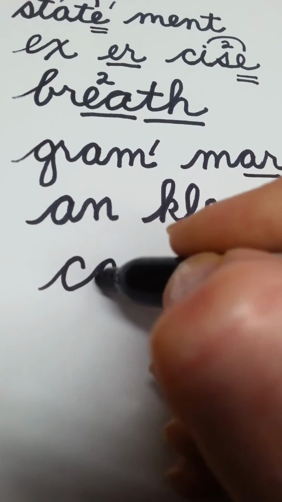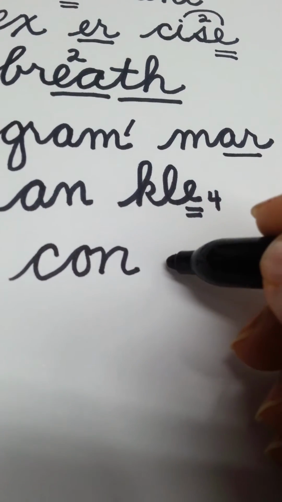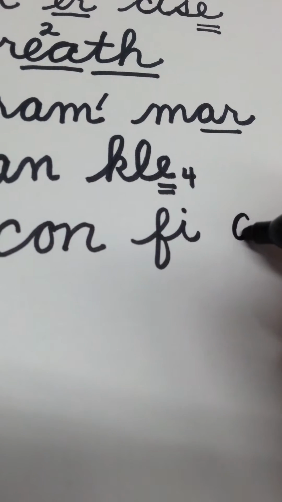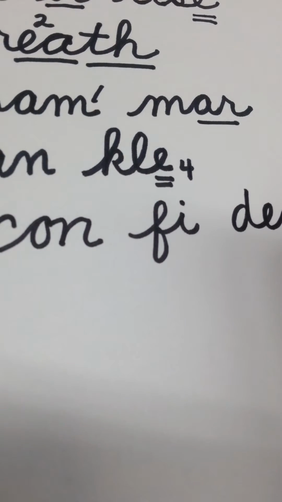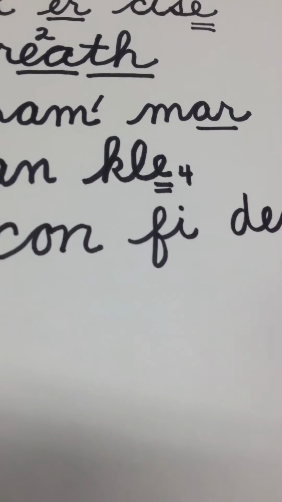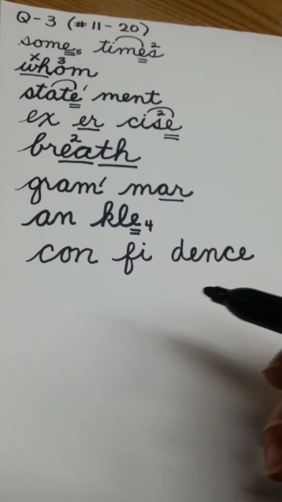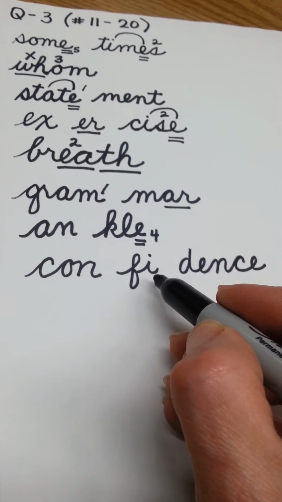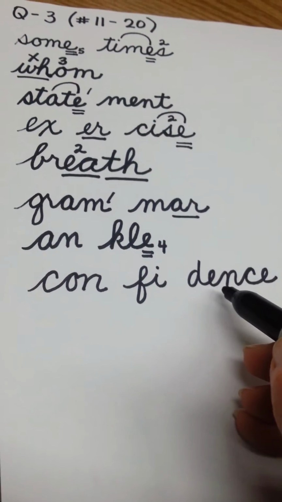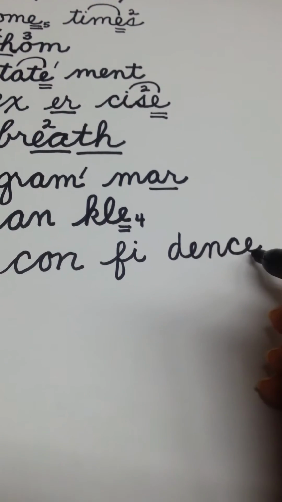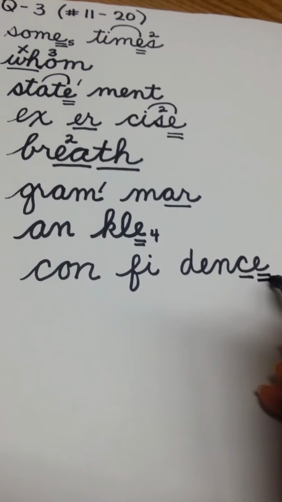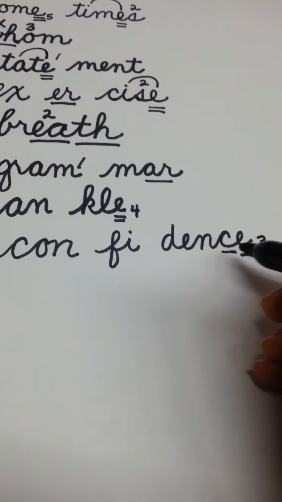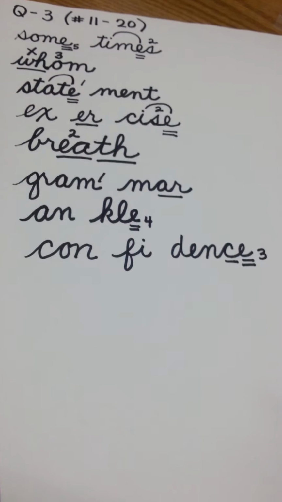K, a, n, fi, I, dense, d, e, n, s, use k, s, silent final E. Confidence. No markings. I and Y usually say I at the end of a syllable. Dense. We will underline the C and double underline the E. That shows us that that E is there to make that C say its soft second sound.